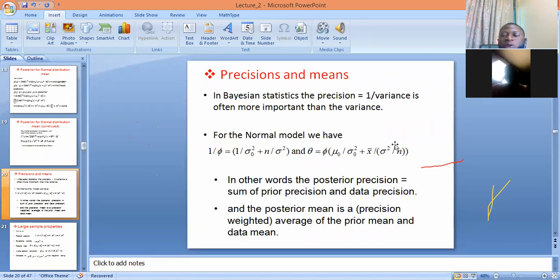This is another way to express it, whichever way is fine. So here we have the variance of our posterior distribution, and we also have the mean of the posterior distribution. If I give you the prior values and also the data values, you should be able to find the posterior mean and also the posterior variance.